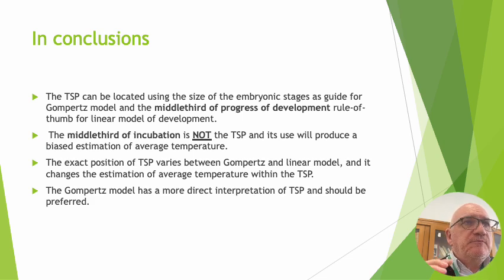It produces a biased estimation of the average temperature. So never use the middle third of incubation as a proxy of TSP. The exact position of the TSP varies between the Gompertz and linear models, and it changes the average temperature that we can estimate within the TSP.